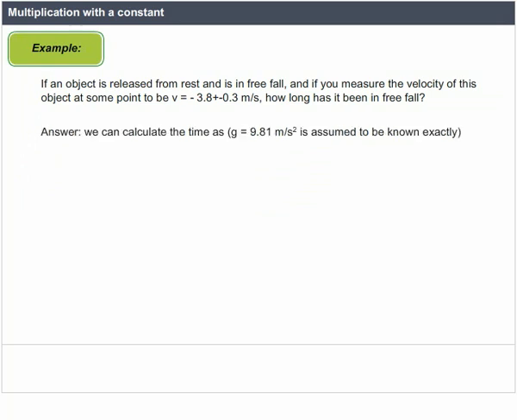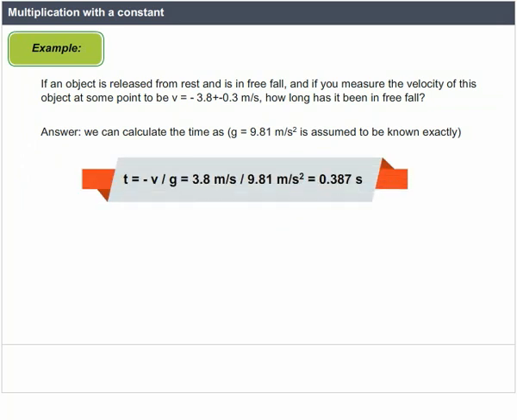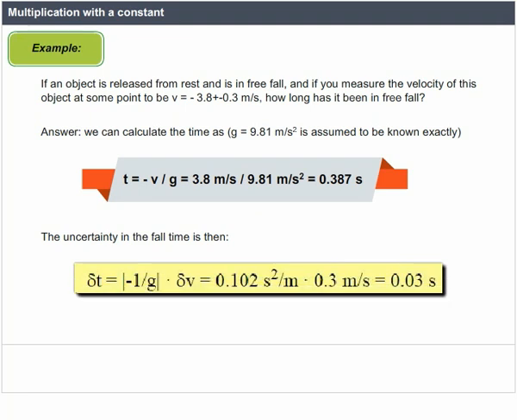We can calculate the time as, g equal to 9.81 meter per second square is assumed to be known exactly, t equal to minus velocity per g equal to 3.8 meter per second divided by 9.81 meter per second square equal to 0.387 second. The uncertainty in the fall time is then delta t equal to modulus of minus 1 by g into delta v equal to 0.102 second square per meter into 0.3 meter per second equal to 0.03 second.